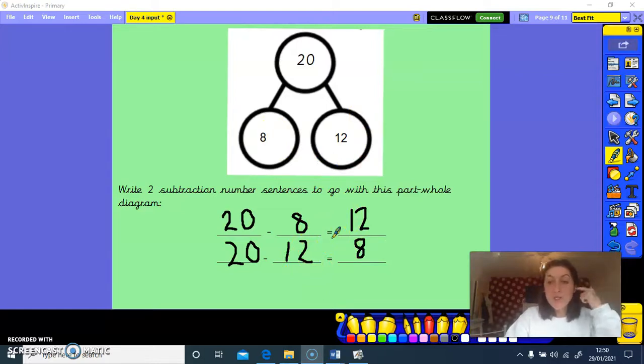Brilliant. So your challenge then, my lovelies, is to cut out the part-whole model, and then you need to stick it down on another piece of paper or your book if you've brought your maths book home with you. And then you need to write your 2 subtraction sentences next to it.